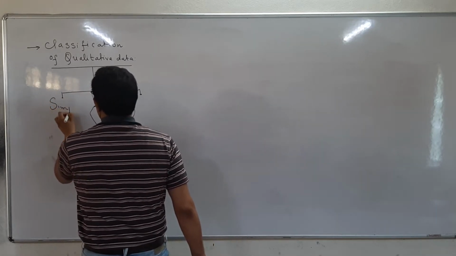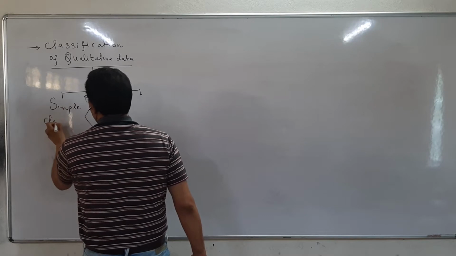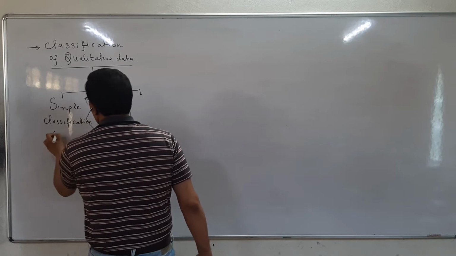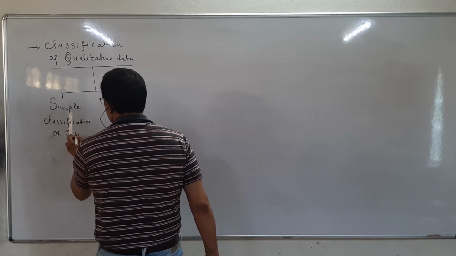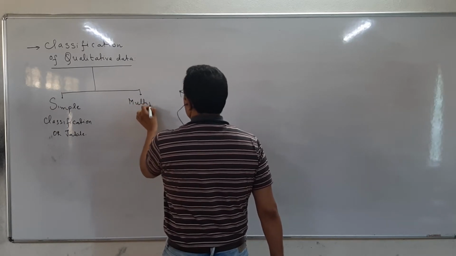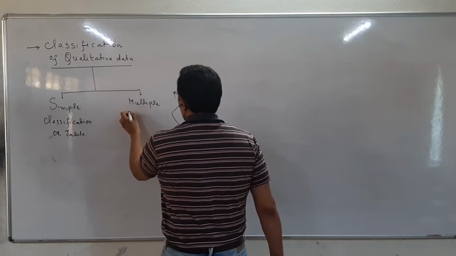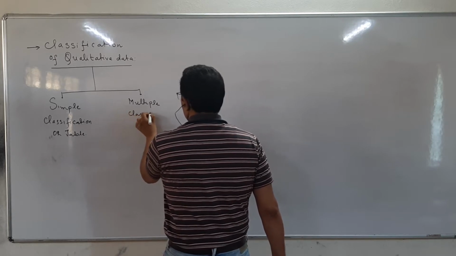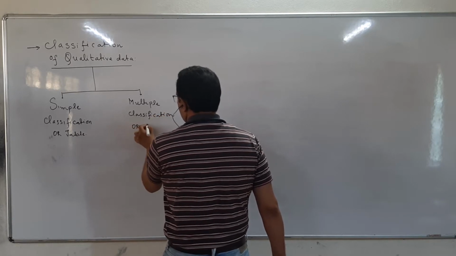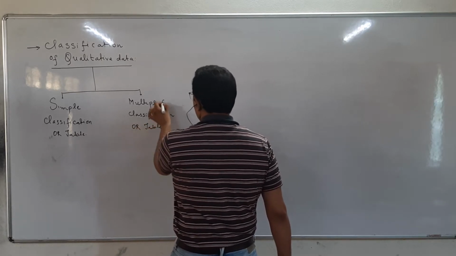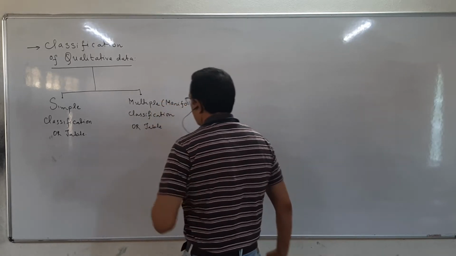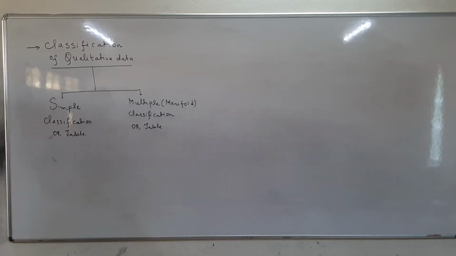One is simple classification or table, and second is multiple classification or table. Multiple classification is also called manifold classification or table.